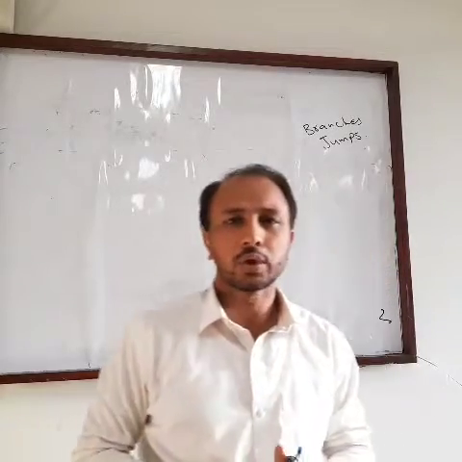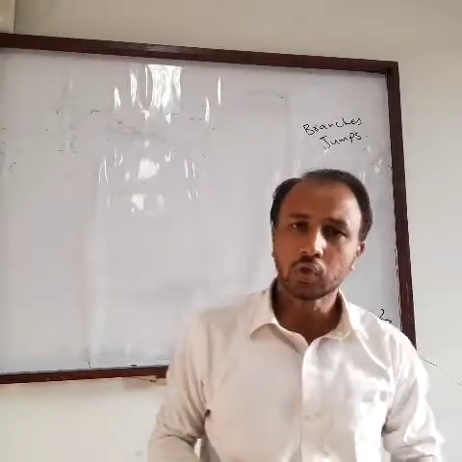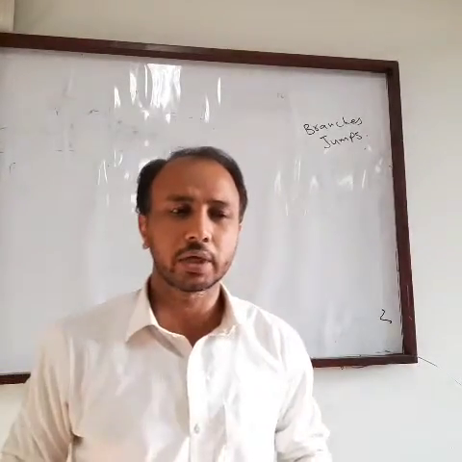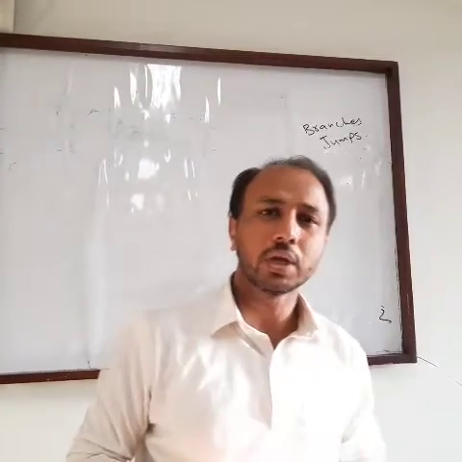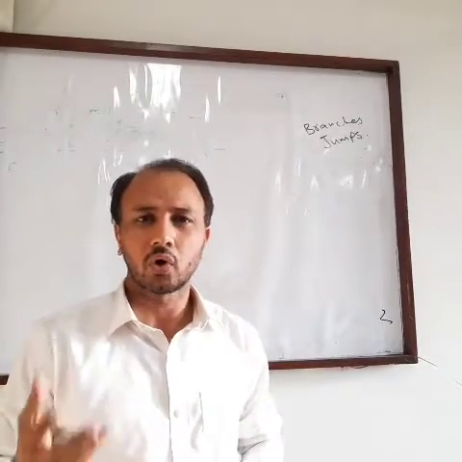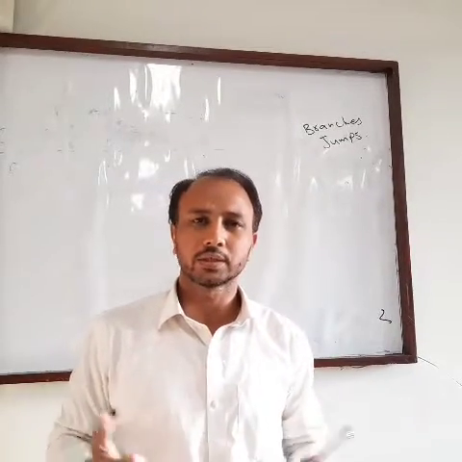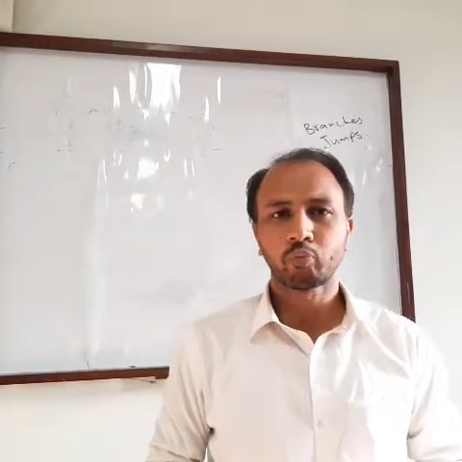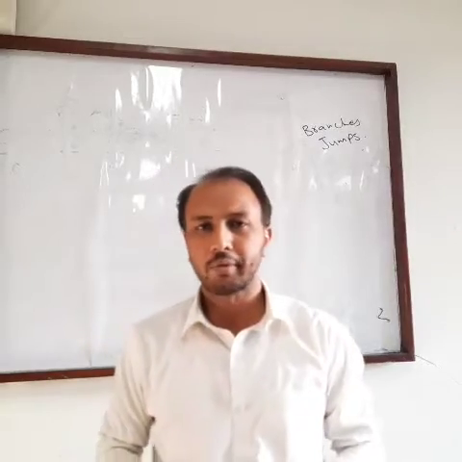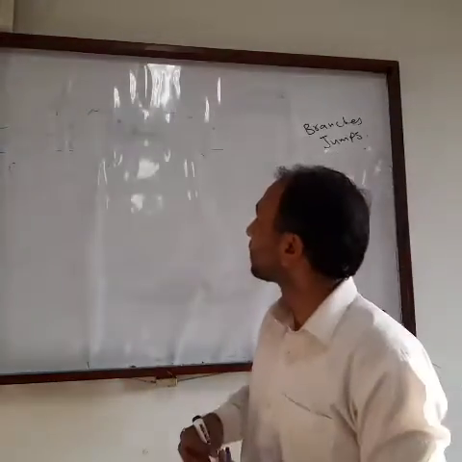Any idea about what is the purpose of branches or jumps? You might not be much familiar with assembly language, but you are familiar with C, Java, or MATLAB programming. Any idea where we use branches or jumps? Okay, I hope everyone has some idea.